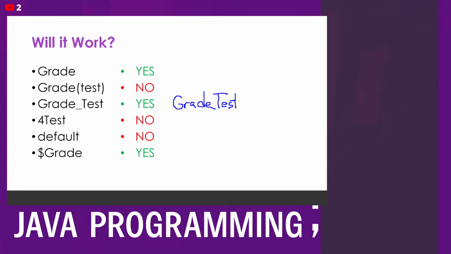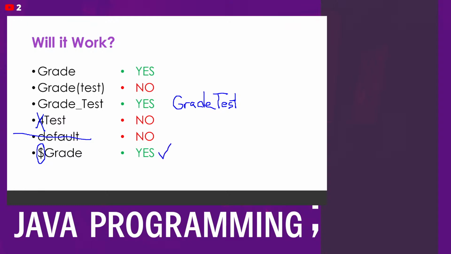For test, no. Why? Starts with a number. Can't start with a number or it thinks it's time for math. Default, no. It was on that list a screen earlier. It's one of those reserved keywords. The dollar sign at the front is A-OK.